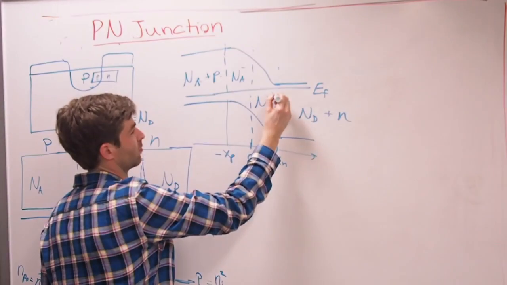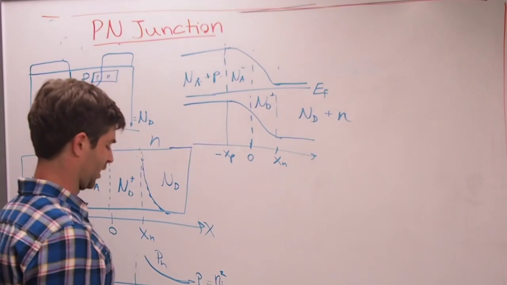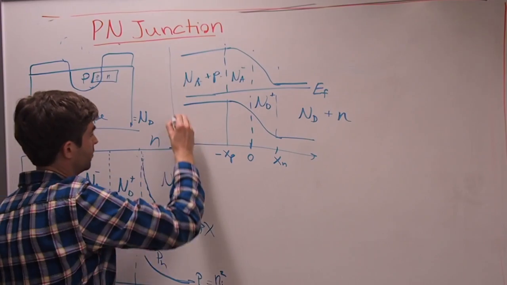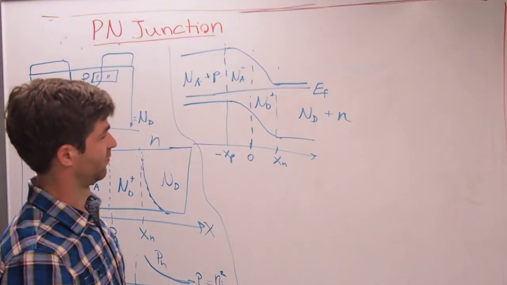All right, minus and plus, because we assume 100% ionization. Okay, so we'll look at one equation here, and from this we can get a general idea of some stuff that's going on here.